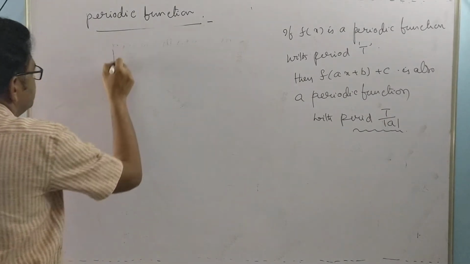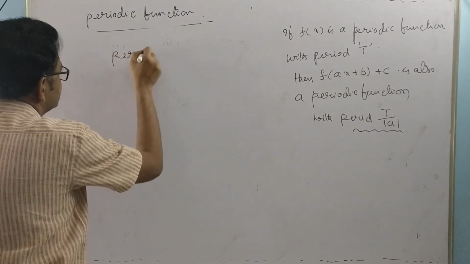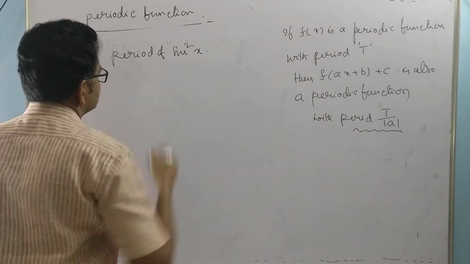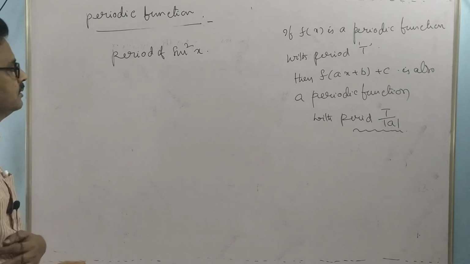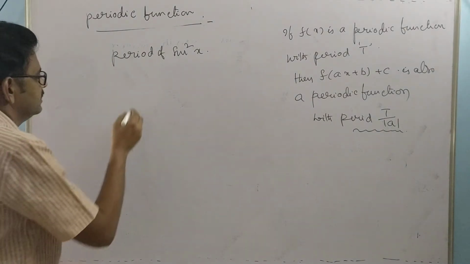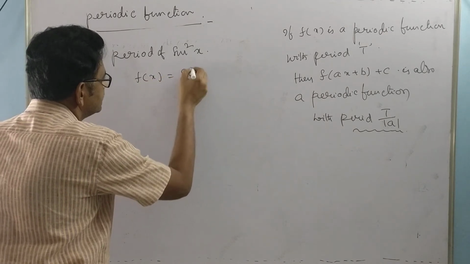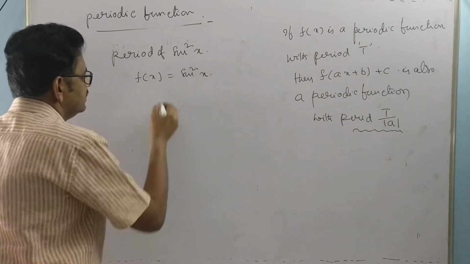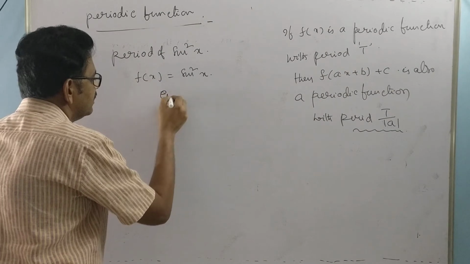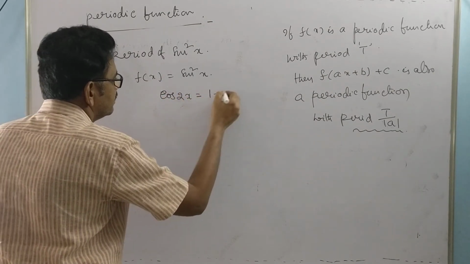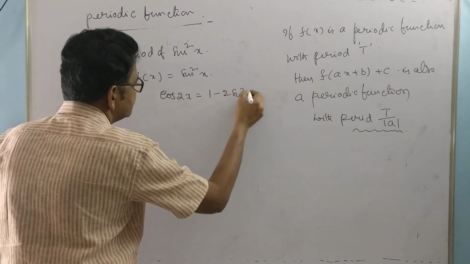Next one, period of sin square x. So f of x is equal to sin square x. This can be written by using the cos 2x formula. Cos 2x is what? 1 minus 2 sin square x.